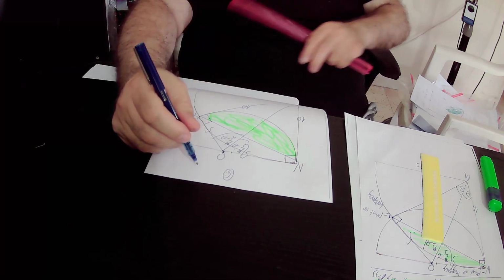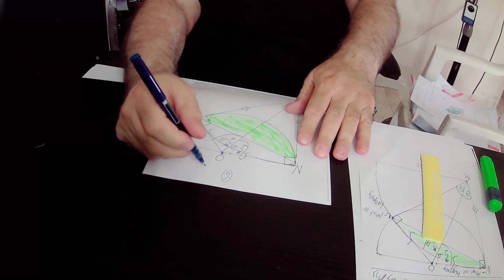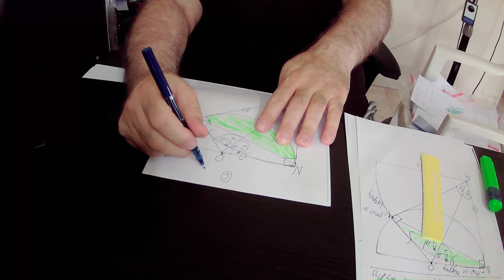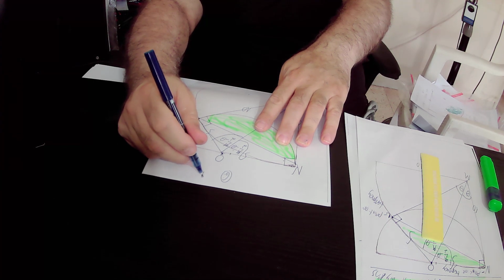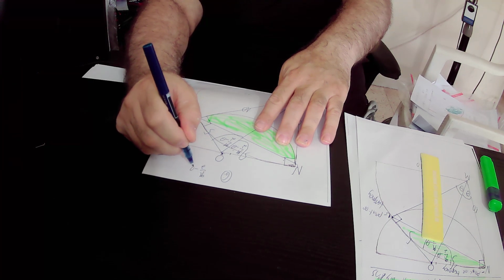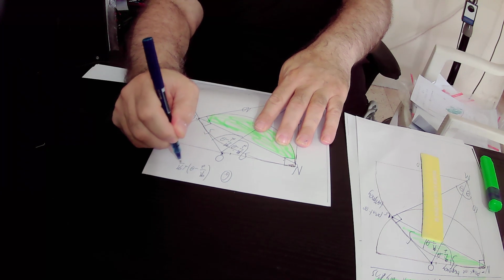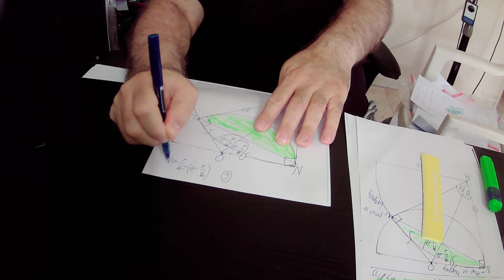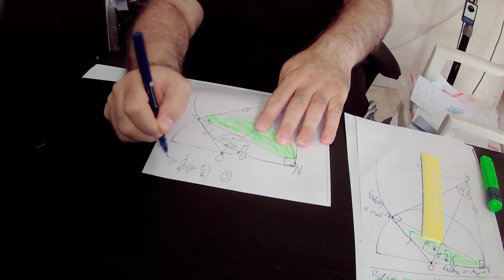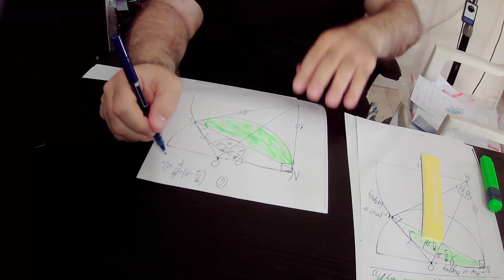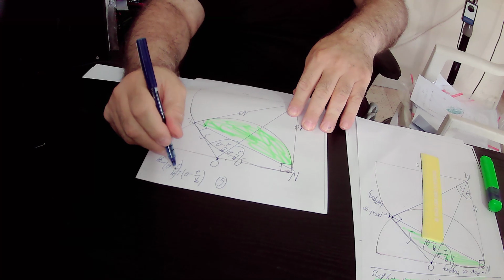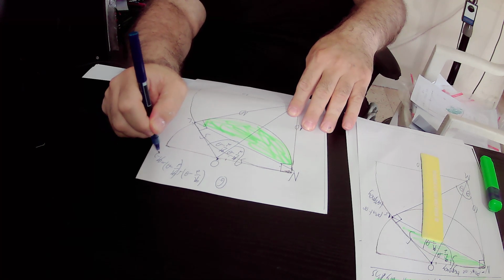So the size of angle NOL equals pi over 2 minus theta plus pi over 2 minus theta. Pi over 2 plus pi over 2 is pi, and minus theta plus minus theta is minus 2 theta.